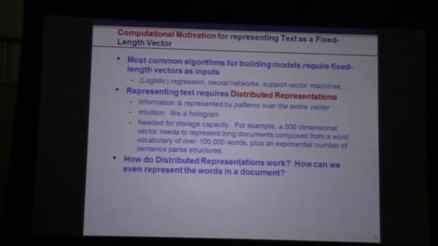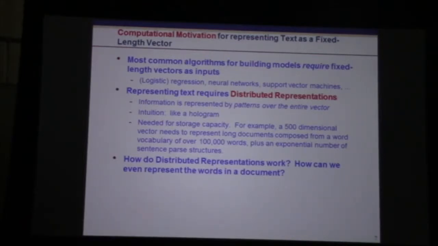So the computational motivation is that in order to build our machine learning models, almost all of them take as inputs fixed-length vectors. Vectors of fixed length. All the favorite ones you find around the house, support vector machines, whatever.